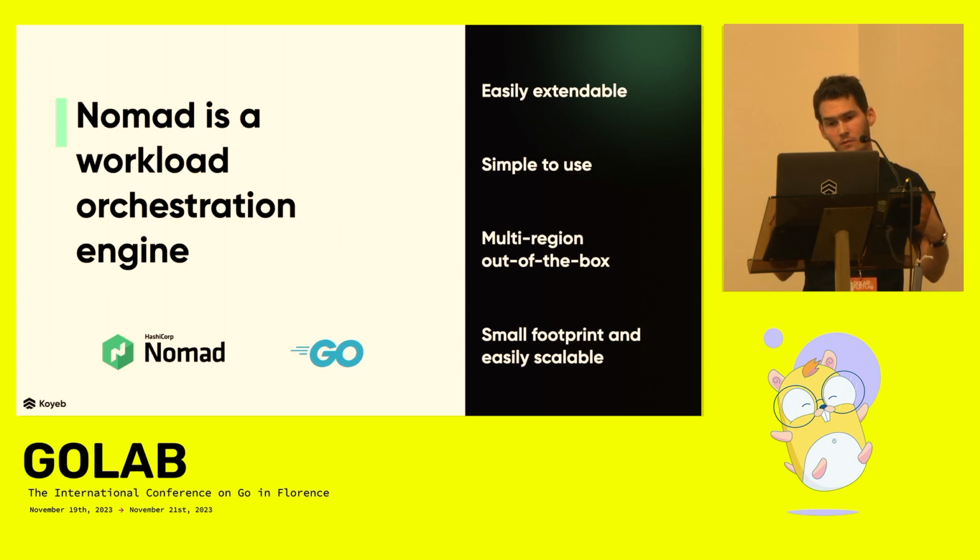So we went with Nomad because we believe it's simpler to use, and it actually provides multi-region capabilities out of the box. And it's written in GoLang with a fairly small footprint, and it's easily scalable.